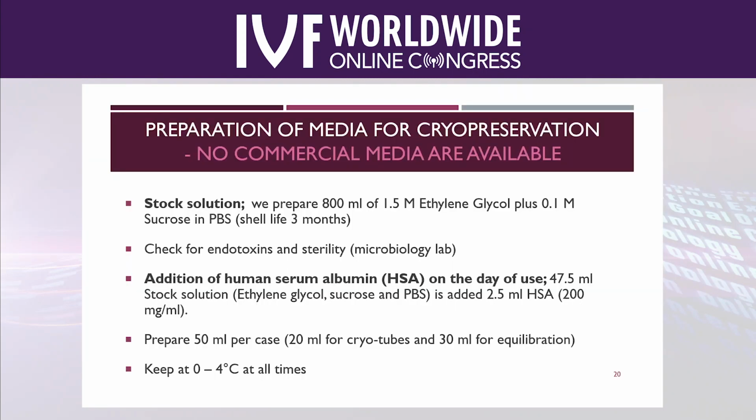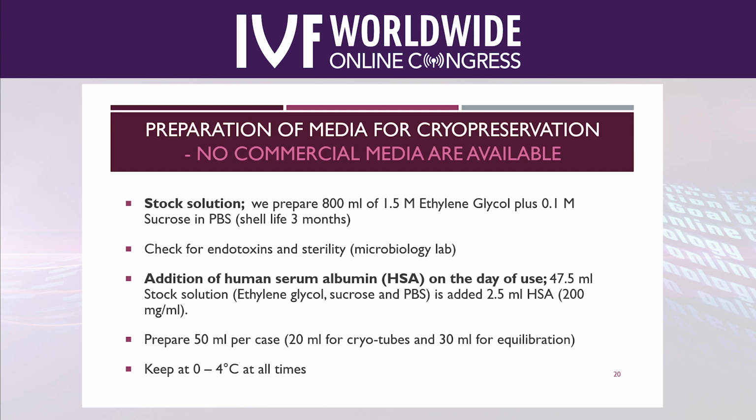So the freezing solution, this is homemade because there's no commercial available media, but it's quite simple. We always make the stock solution where we prepare 800 milliliters of 1.5 molar ethylene glycol combined with sucrose in PBS.